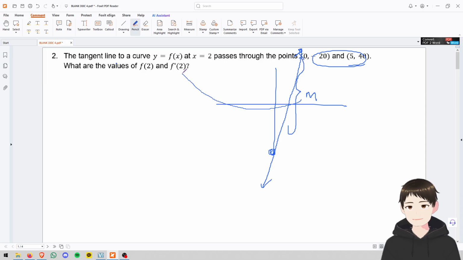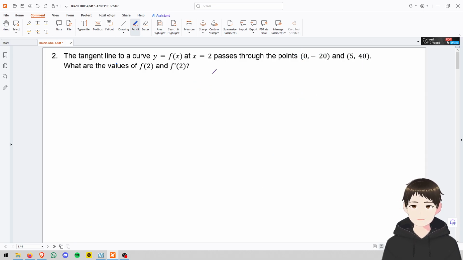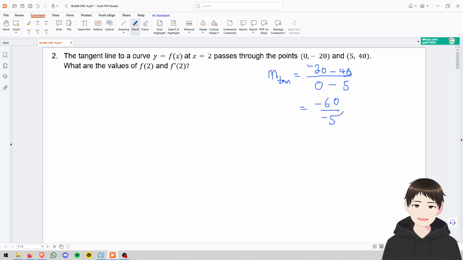And what is a slope? It's f prime. So indirectly, I actually gave you an easy way out. The slope of the tangent is (y2 - y1) over (x2 - x1). That's -60 over -5. That is +12.